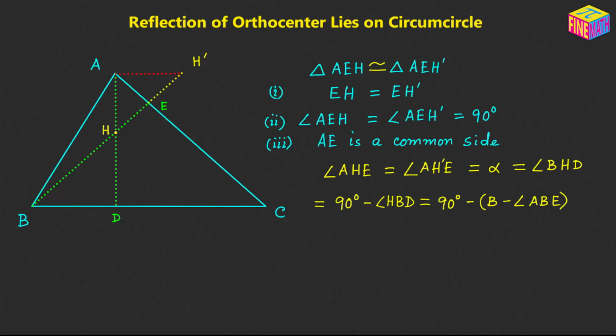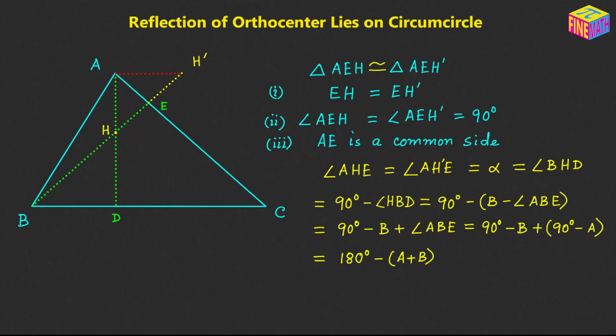And then if we remove the parenthesis, we can write it like this. It becomes 90 degrees minus B plus angle ABE. And then if you think about the angle ABE, it can be written as 90 degrees minus angle A. If you consider the right triangle ABE, there the sum of the angles ABE and angle A will be equal to 90 degrees. So we can say that angle ABE can be written as 90 degrees minus the angle A. And from here, if we remove the parenthesis and reorganize the terms, we can write it like this.